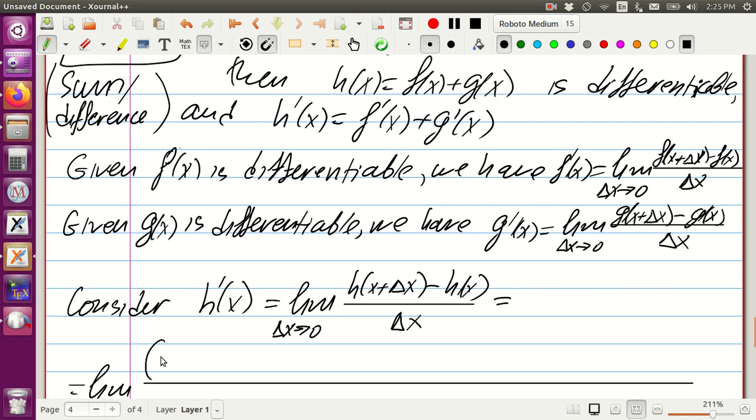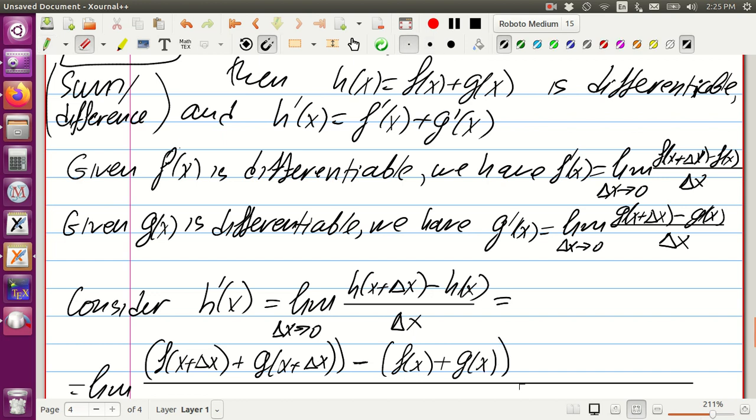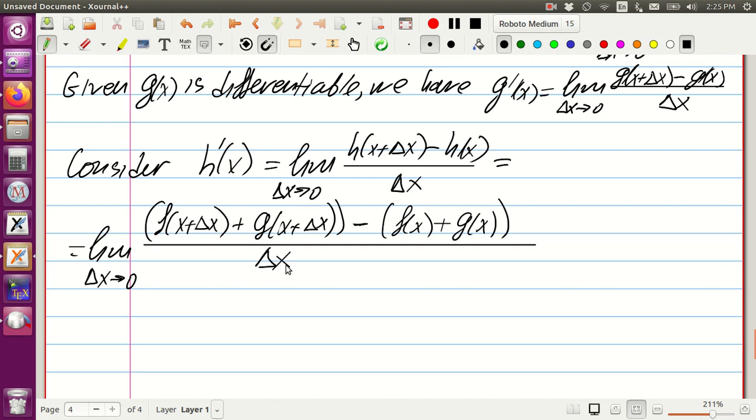So we open parentheses, we have f of x plus delta x plus g of x plus delta x, then we put a minus, and we write h of x over here, which is f of x plus g of x. And the whole thing is divided by delta x. What we're going to do is distribute this minus through the expression.